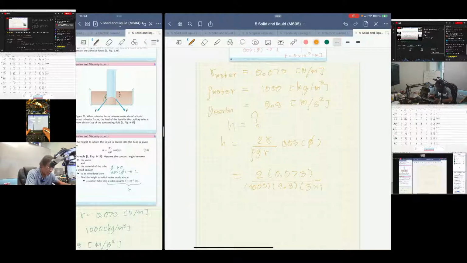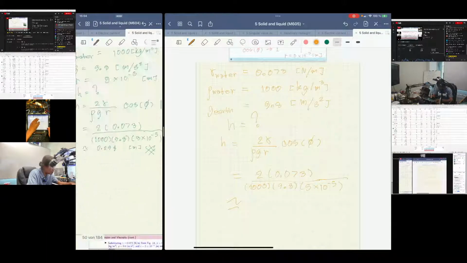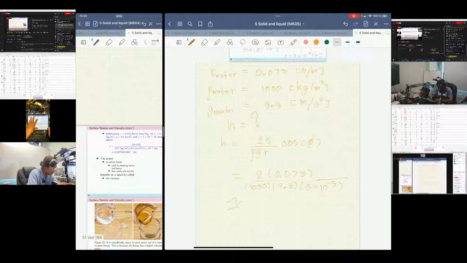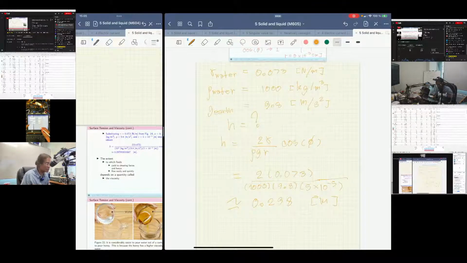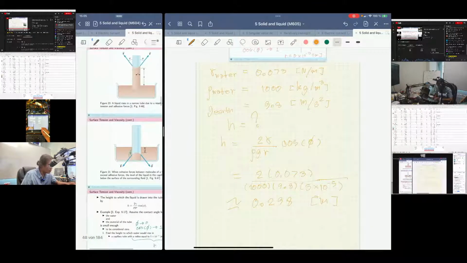Okay, and that's it. If you put it into the calculator or by using your hand, you would see that you will end up with the height of 0.298 meter. All right, and that's the unit of the height.